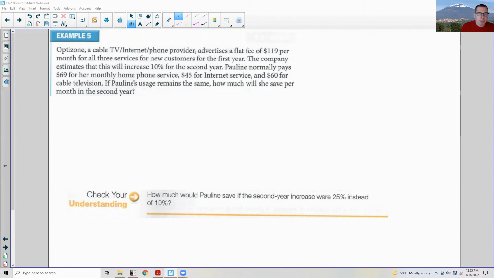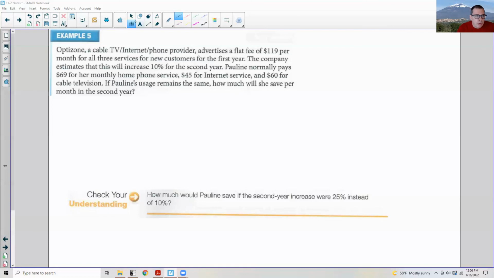The company estimates that this will increase 10% for the second year. Pauline normally pays $69 for her monthly home phone service, $45 for internet, and $60 for cable. If Pauline's usage remains the same, how much would she save per month in the second year if she decided to go with this company?